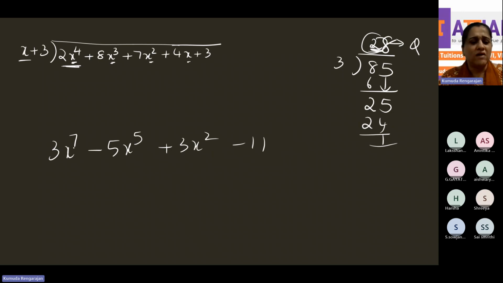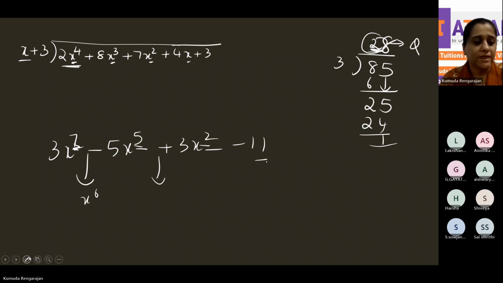That's fine. After 7, see, descending order, 7, 5, 2, constant. That's fine. It's okay if power 6 is missing, power 4 is missing. With the given terms, the x's are arranged in the descending order of the powers. Power 7, then 5, then 2, and then the constant. The constant should be the last term.